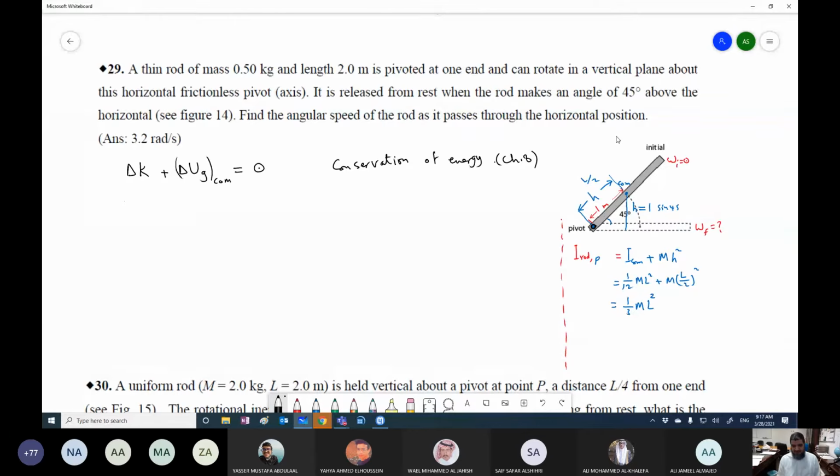This is a conservation of energy problem. So we apply delta K plus delta UG equals 0. This is conservation of energy, chapter 8.